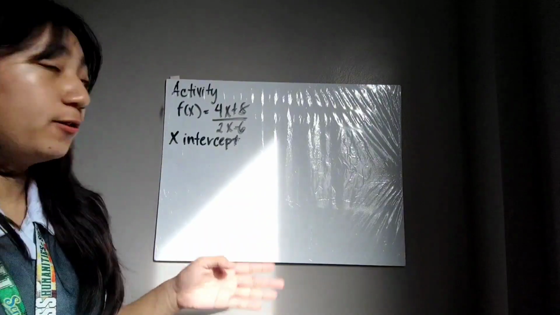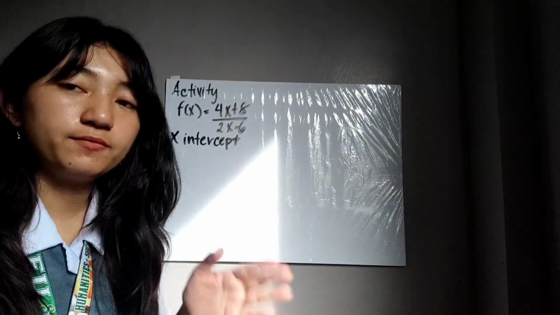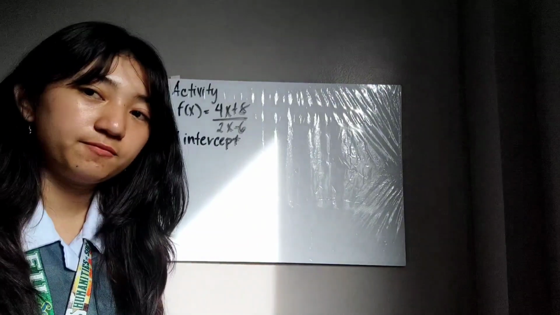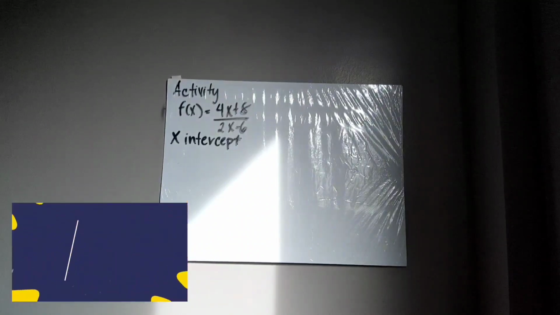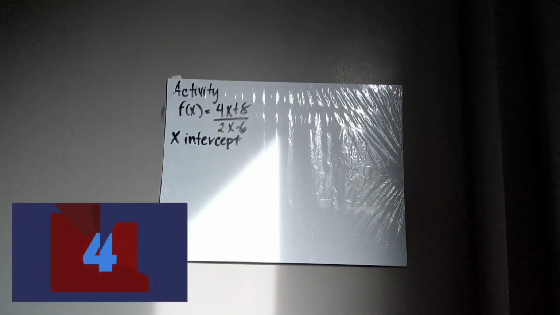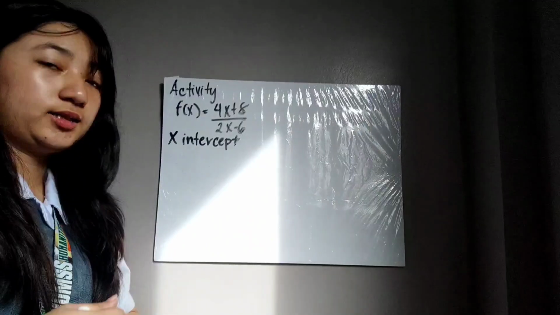Our next activity is solving x-intercept and y-intercept next. Using this equation again, and I will give you time to solve it and check natin if tama. Check natin if tama.